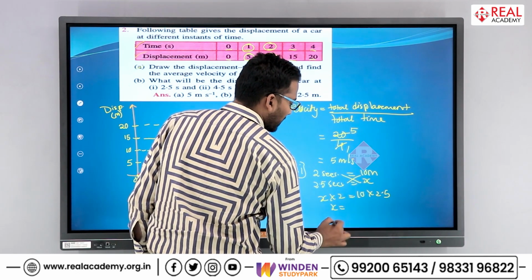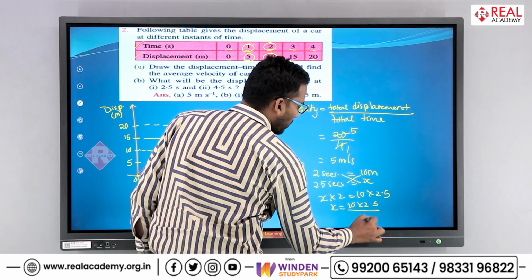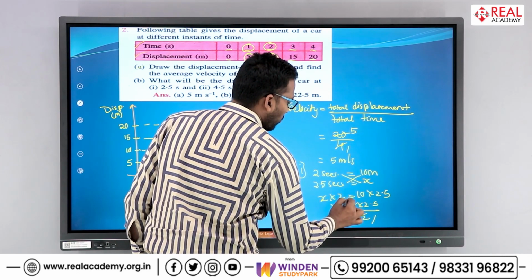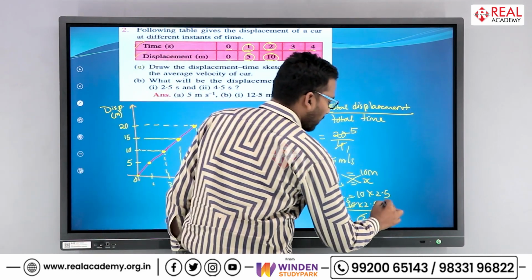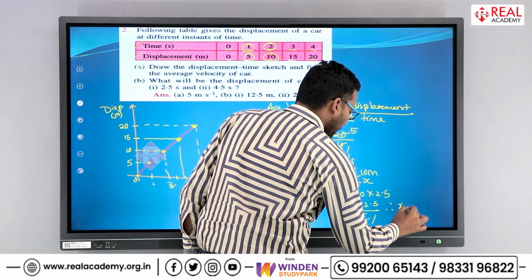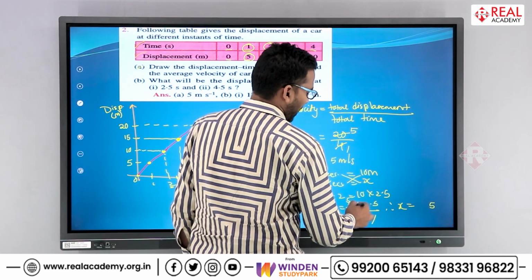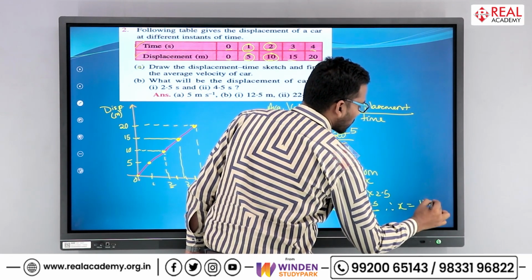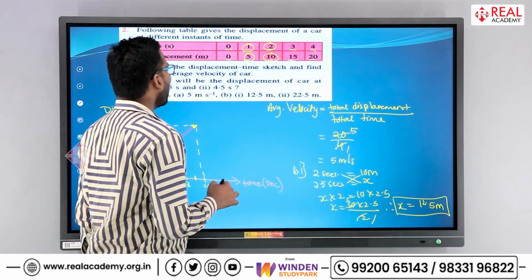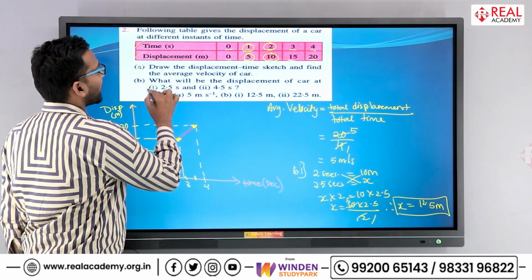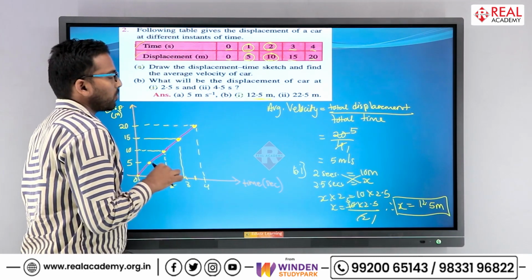So x is equal to 10 into 2.5 upon 2, which is 5 into 2.5, that is 12.5 meter. For 2.5 seconds we are getting 12.5 meter.